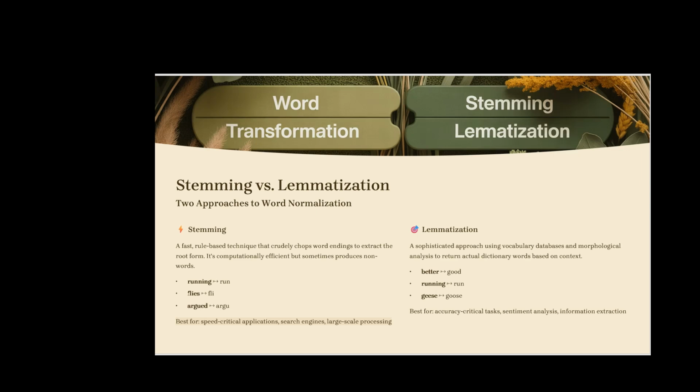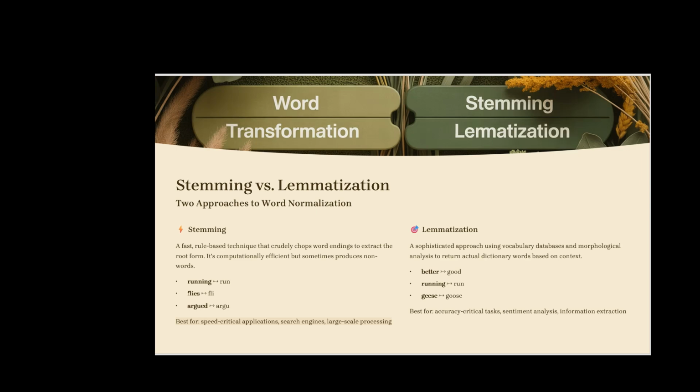Now, one major difference that we must know between stemming and lemmatization. Both of them appear to be quite similar because they are breaking down the word into its root form. But stemming crudely chops away the endings to get the base form or the root form, whereas lemmatization is all about getting to the actual base form which holds meaning.